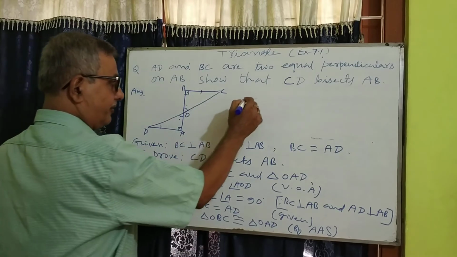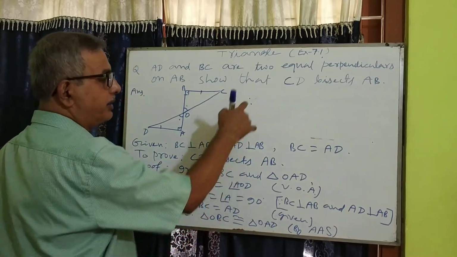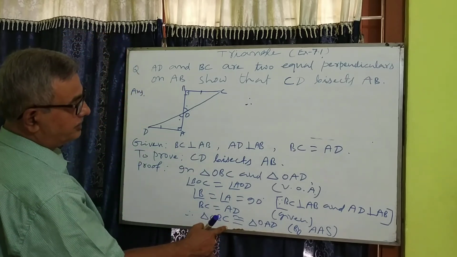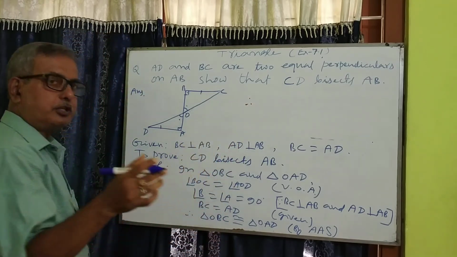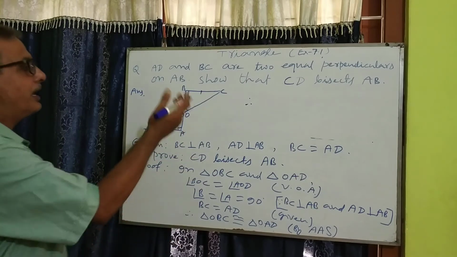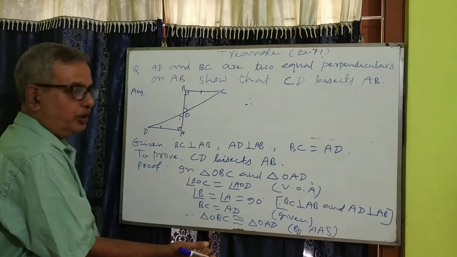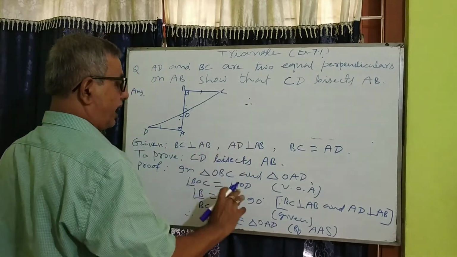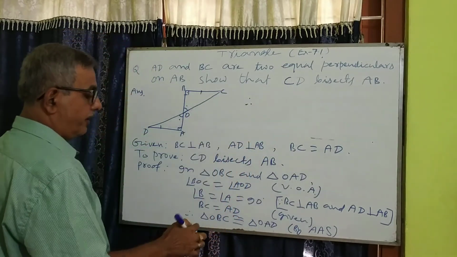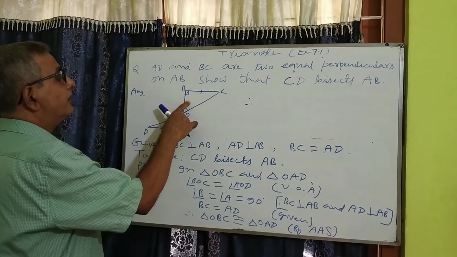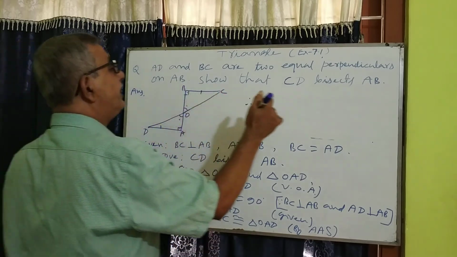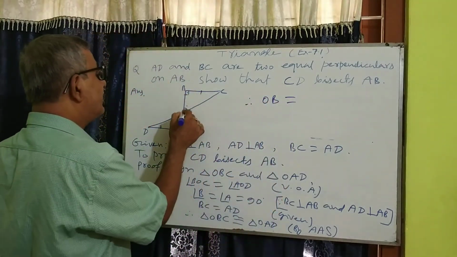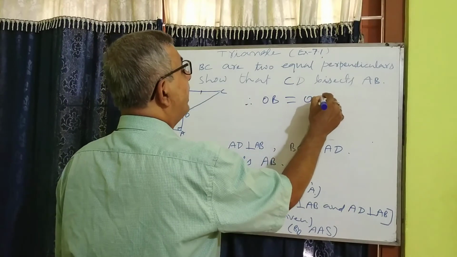You can write therefore. Here there is no space, so I am coming here. You follow me. After this step, I am writing here. You are not supposed to write like that in the examination, because you will get space below or on the next page. But here some space is there, so I write the remaining portion here. When the two triangles are congruent, therefore OB is equal to OA. Why is it so?